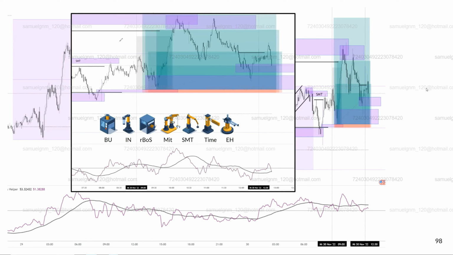So this is the M1 in here, right? And okay, we're coming from obviously this point in here, right? So let's see, this is our M5 point of interest, not really that clean in the M1 at all. So let's see if the entry helper can make this more confirmed, as we don't really have any other points of interest in here, right?